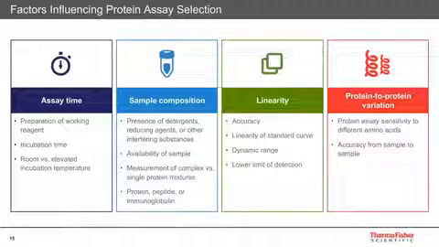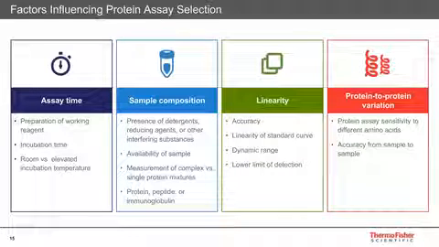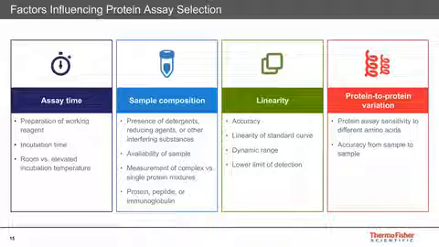So now let's discuss the factors that influence the selection of a protein assay. One is your assay time, that is how long it takes to prepare the working reagent, and what is the temperature required for the assay.